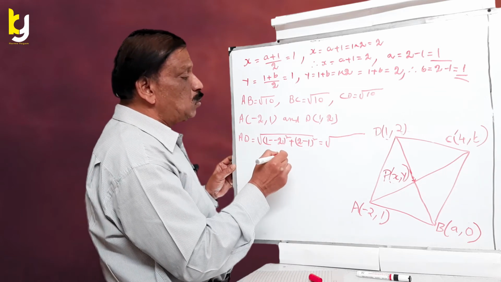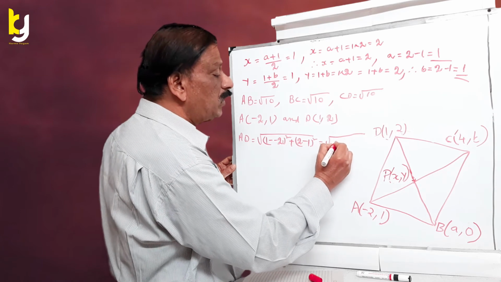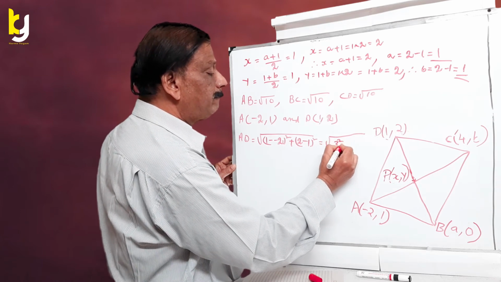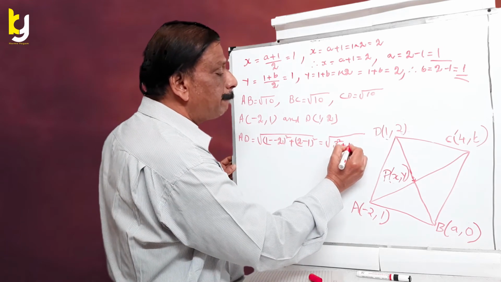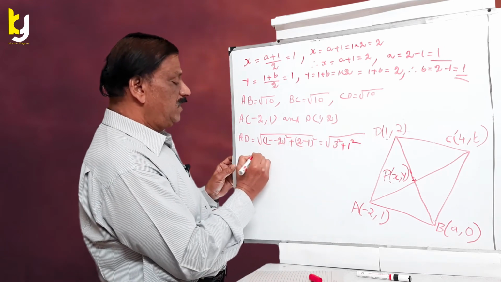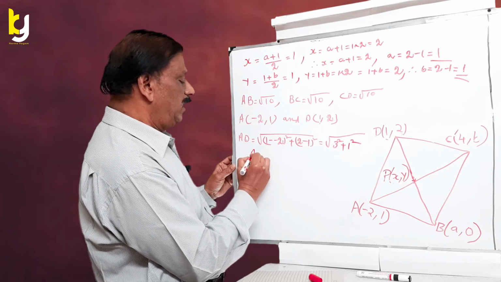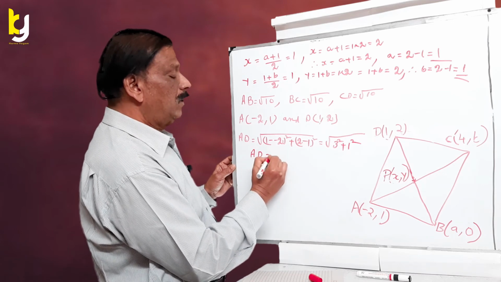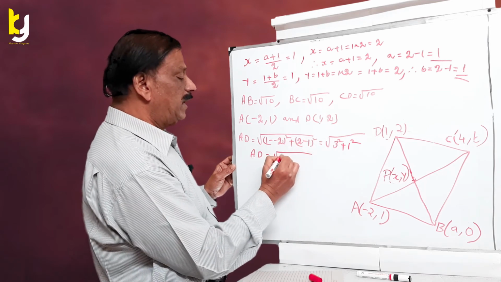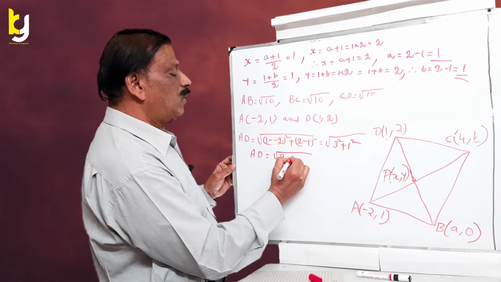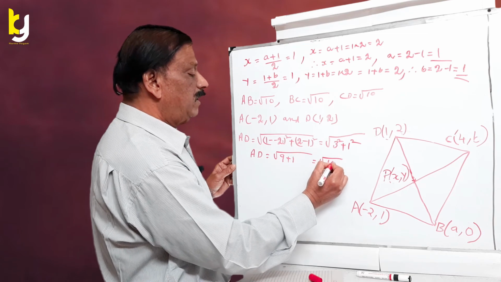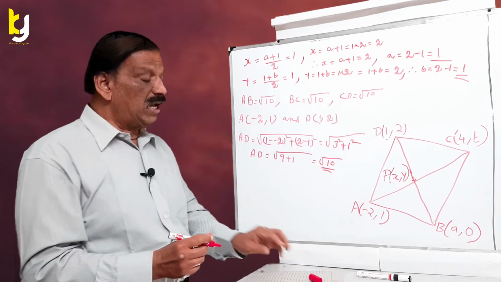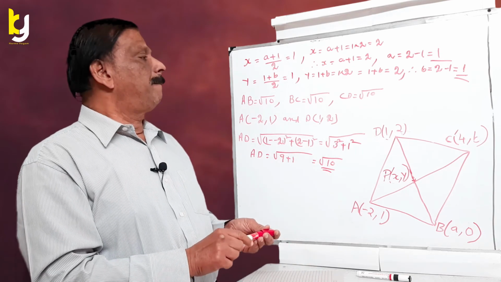This is 1 plus 2 whole square. 1 plus 2 whole square is 3 square. Plus 2 minus 1 whole square, that is 1 square. That is equal to AD equals root of 3 square, that is 9, plus 1 square, that is 1. That is equal to root of 10. So, 4 sides are equal.